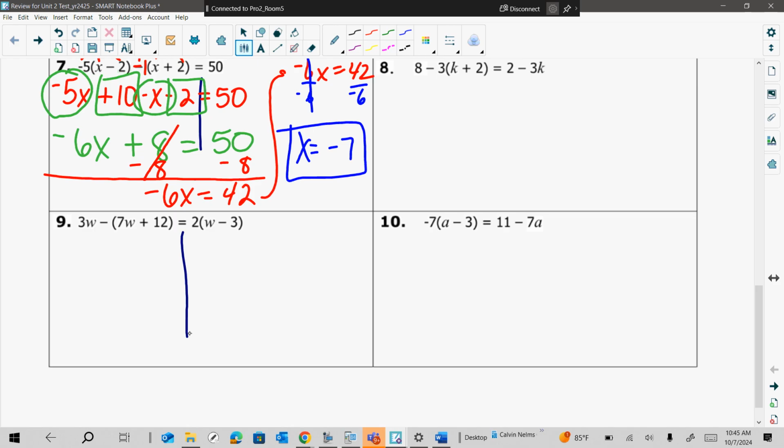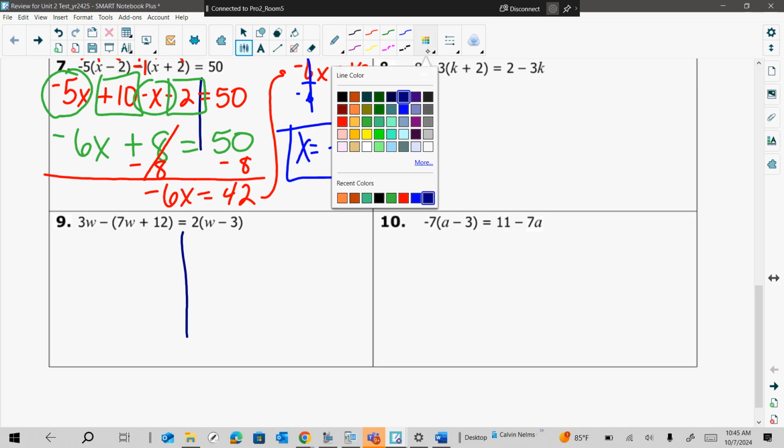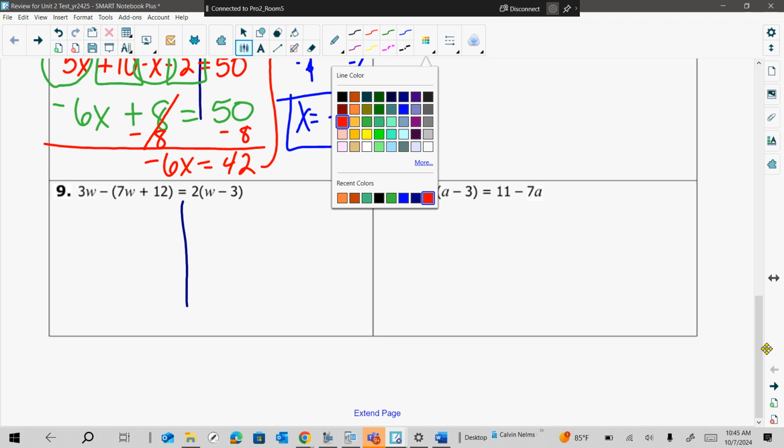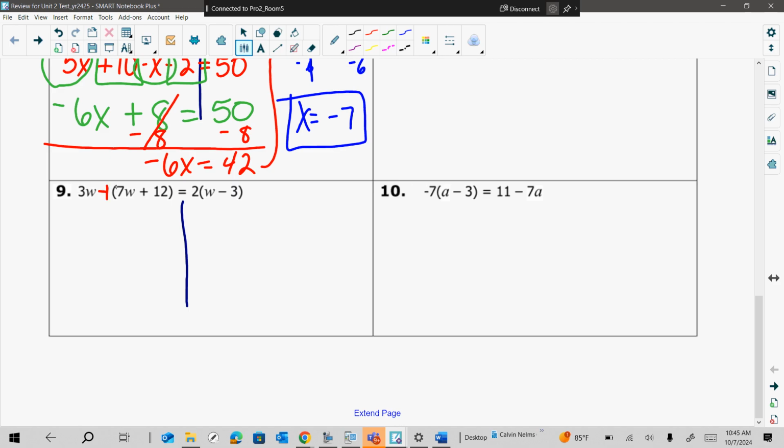All right, on number 9. What should we do first on number 9? What are we distributing? Negative what? Negative 1 and a positive 2 here. Yeah, invisible 1 there. So this is 3w minus 7w minus 12 equals 2w minus 6.